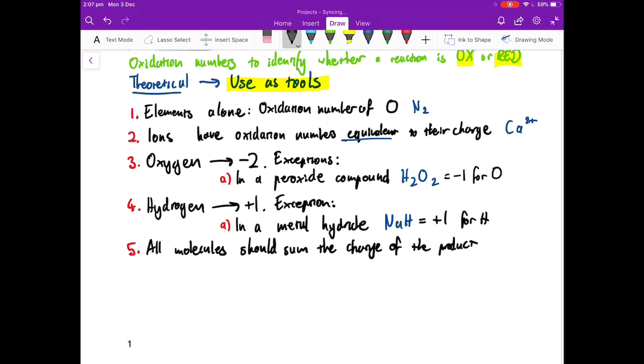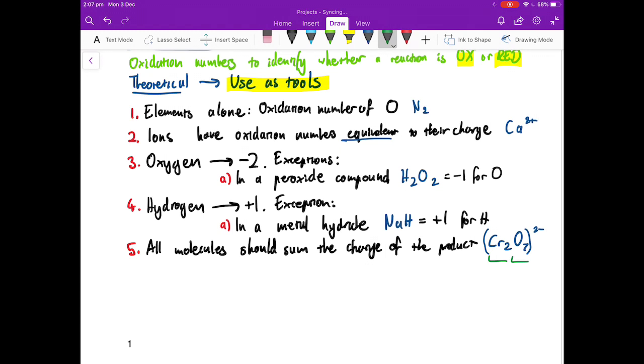So what this means is if we take a look at a molecule such as Cr2O7 2-, the 2- applies to the entirety of Cr2O7. So the entire molecule should be the sum of all of the individual parts within it. So -2 should be the sum of all the individual parts within it.